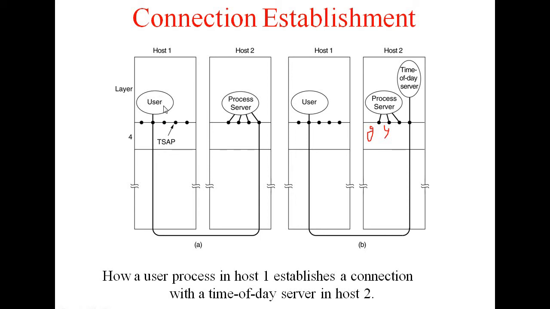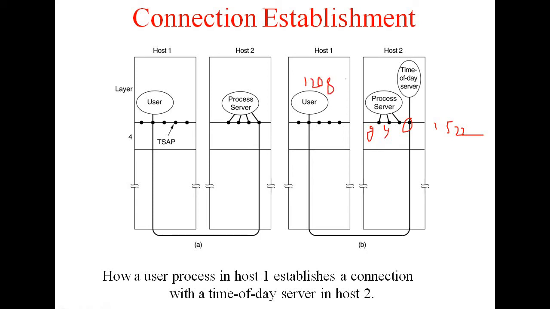But host 1 is trying to establish a connection with the time of day server. Now the process has to attach to a TSAP first, and host 2 has to attach itself to its TSAP. Let us take this TSAP as 1522, just a unique number, and let us consider that the user who wants to communicate with the time of day server has the TSAP with the number 1208.